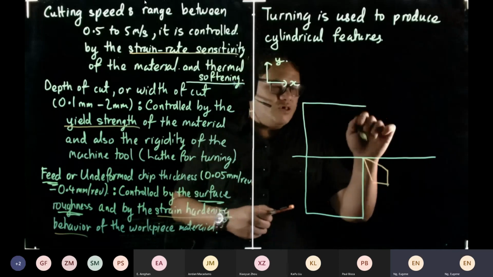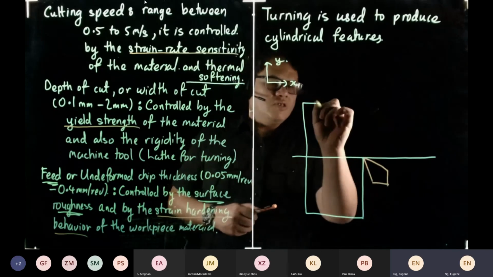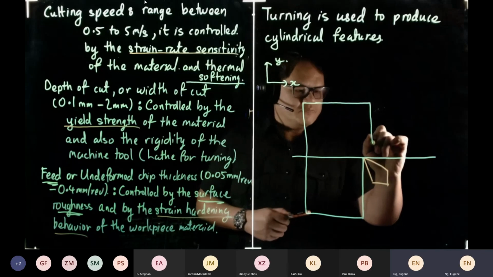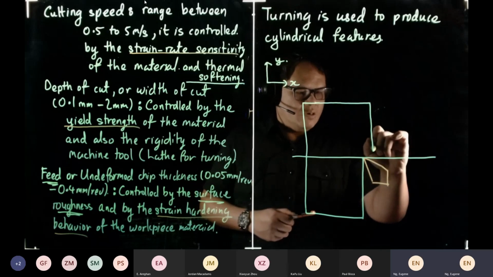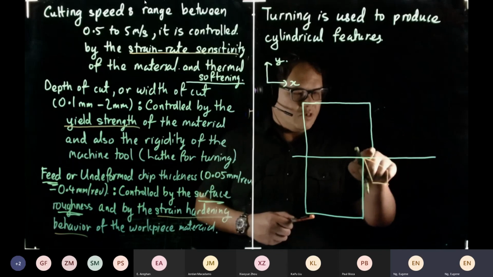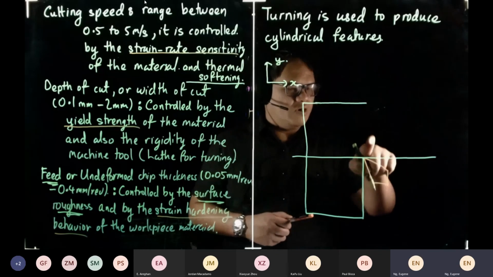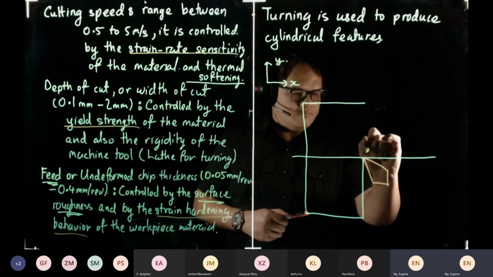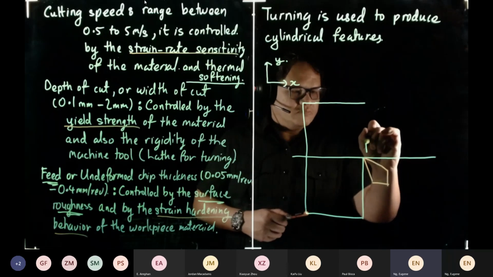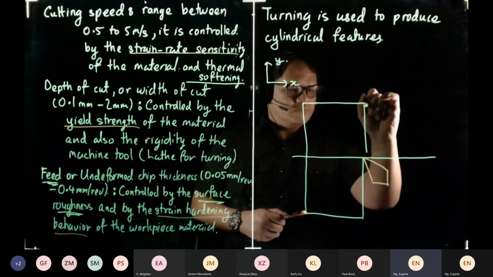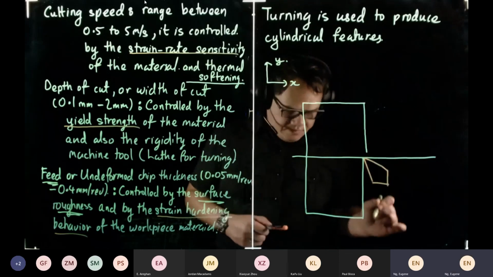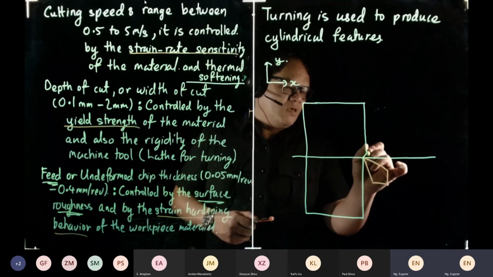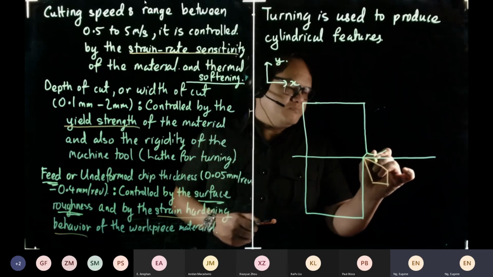Now the workpiece is rotating, by the way. Then the tool comes down over here. I think you cannot take so deep an undeformed chip thickness. Over here you have our shear angle, then you have our chip.